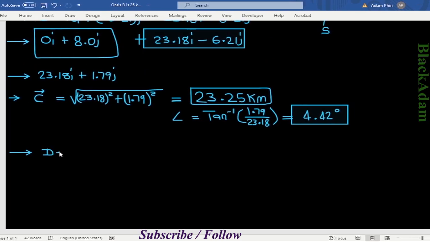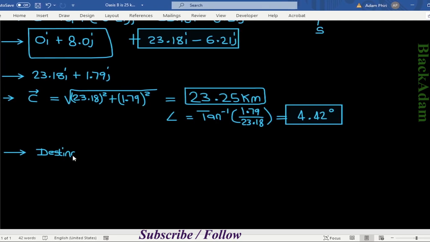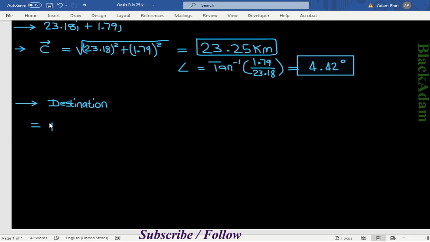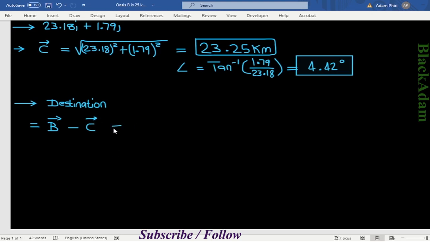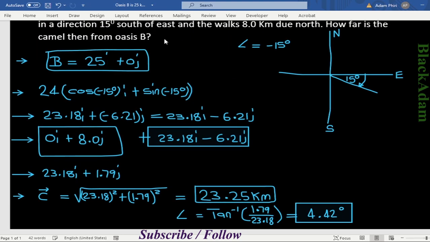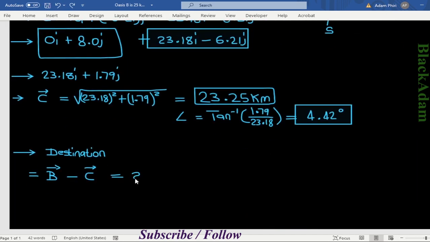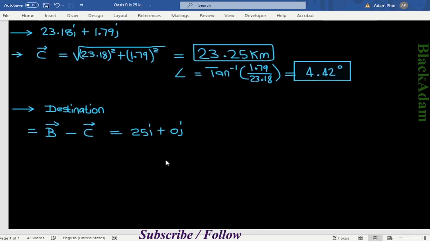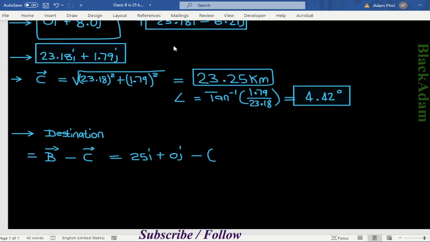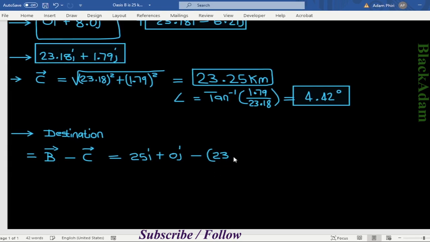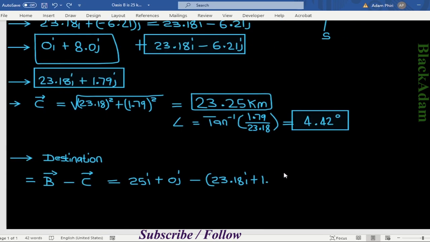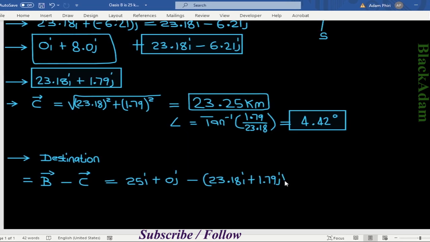So how far it is from the original, so we need the distance. That's the destination, and we have to go back to where the camel came from. So that is going to be B minus the position at C. So the position at B is 25 i plus 0 j minus bracket 23.18 i plus 1.79 j.